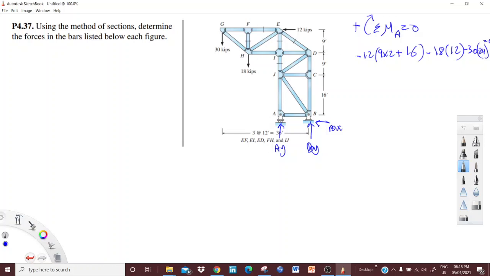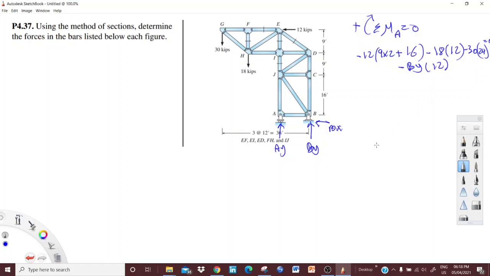Equal to 0. And you forgot to add BY. It is counterclockwise, so minus BY times 12, which is equal to 0.